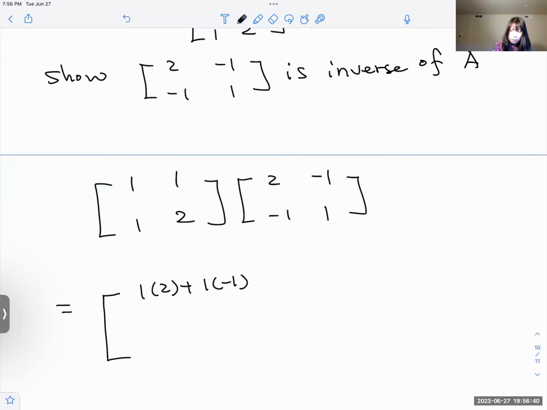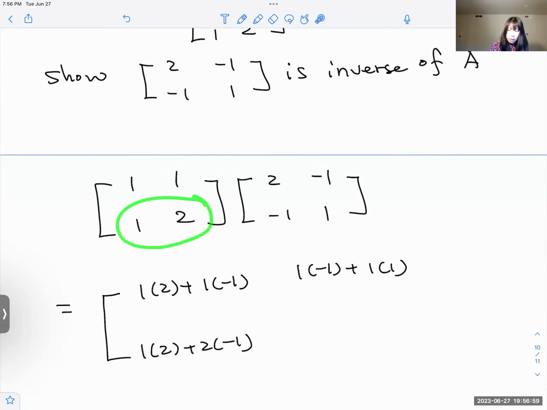Second row and first column: 1 times 2 plus 2 times -1. First row and second column: 1 times -1 plus 1 times 1. And second row with the second column: 1 times -1 plus 2 times 1, right?